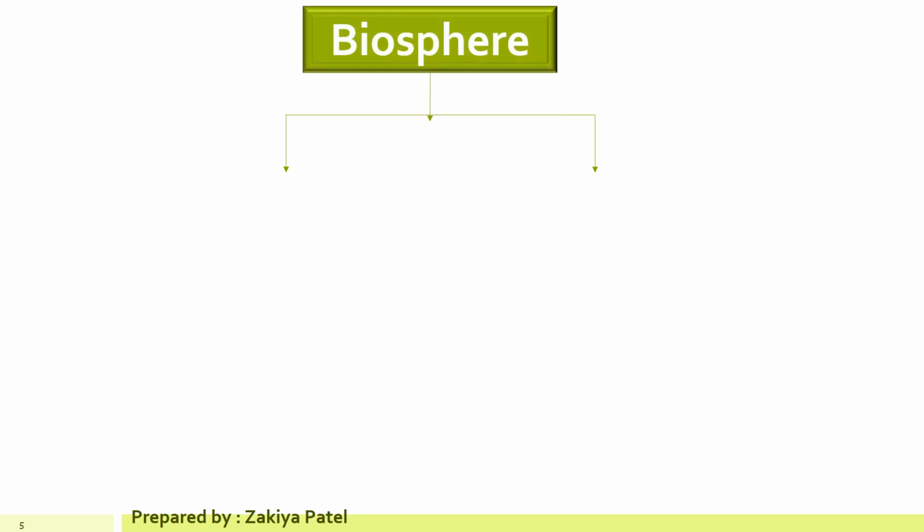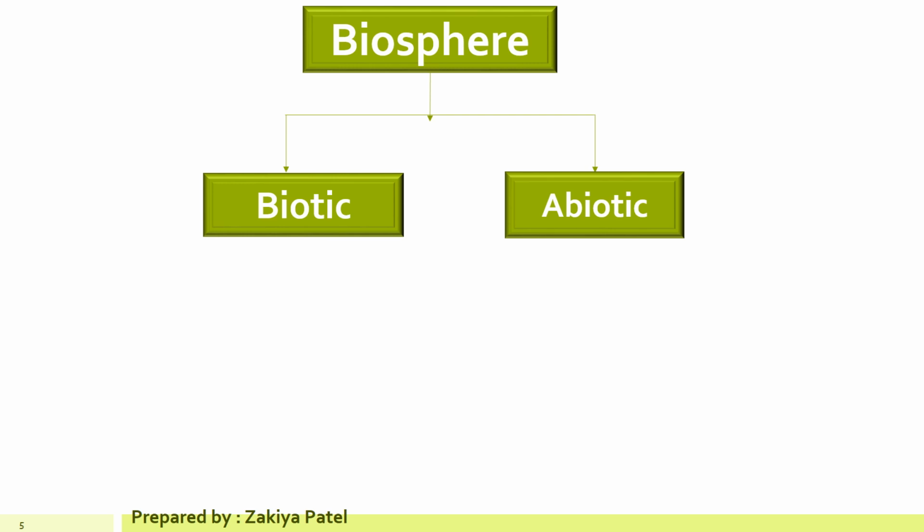Now, the biosphere is mainly constituted of two factors, that is, biotic factors and abiotic factors. What do you mean by biotic and what do you mean by abiotic? Students, you are already clear with one word, that is bio. Bio means life.